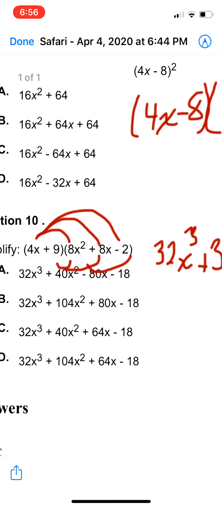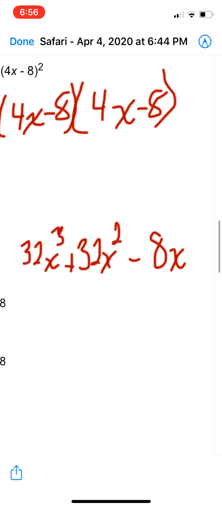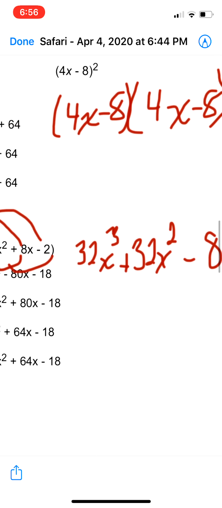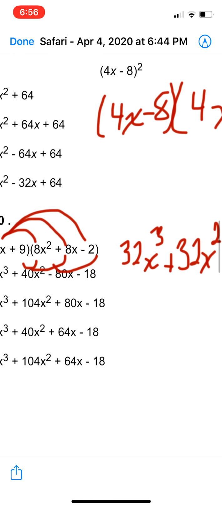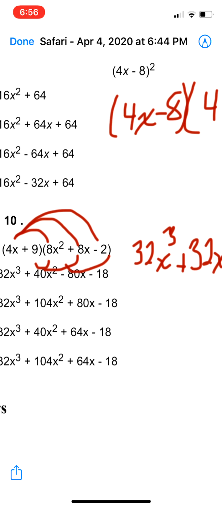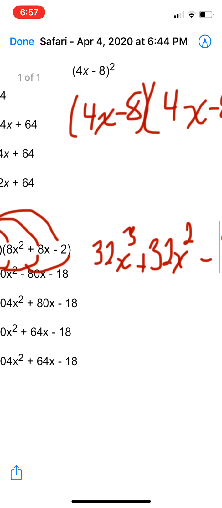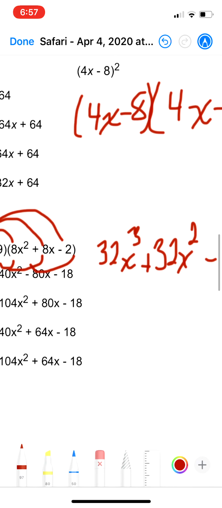So when I multiply, I'm going to write the product underneath the like terms. So when I do 9 times 8x squared, I get 72x squared. So I'm going to write 72x squared underneath 32x squared.